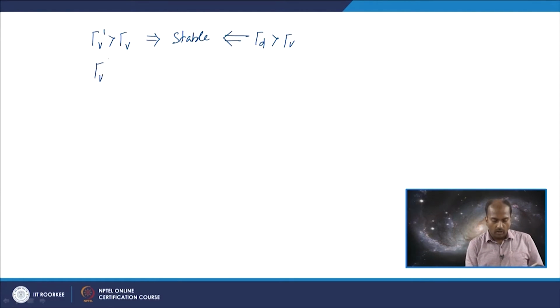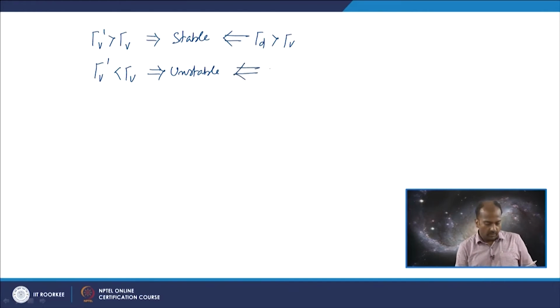So I can rewrite the conditions. Let us have them in parallel. Gamma v prime greater than gamma v, which is stable. We can rewrite this as gamma d greater than gamma v, both indicating a stable situation. Or gamma v prime less than gamma v, which is unstable.